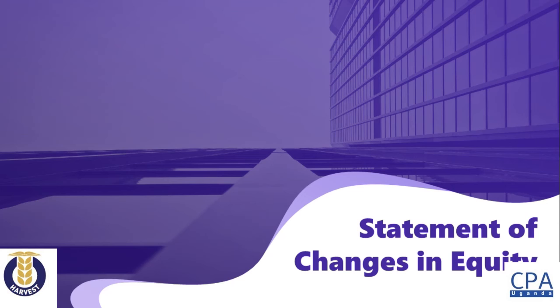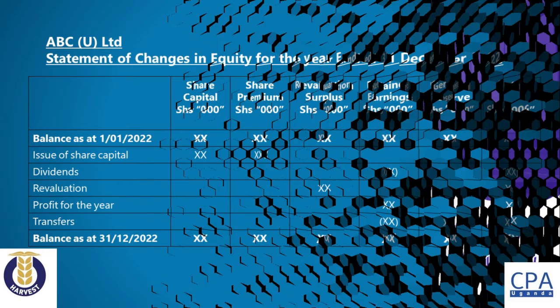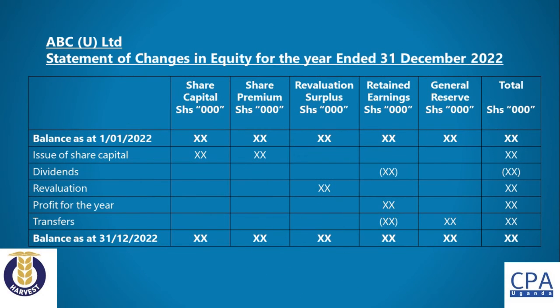So it is important for us to appreciate the format and the preparation of the statement of changes in equity. However, I should mention that the statement of changes in equity I am presenting here is a simplified version, because this is the first time you're seeing this, so I do not need to complicate it further.